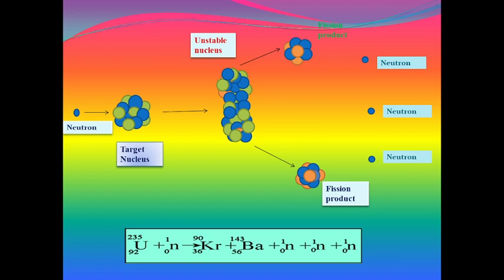This is one of the best examples for such reactions. Usually radioactive elements are unstable nuclei, so they are useful for the nuclear fission process.